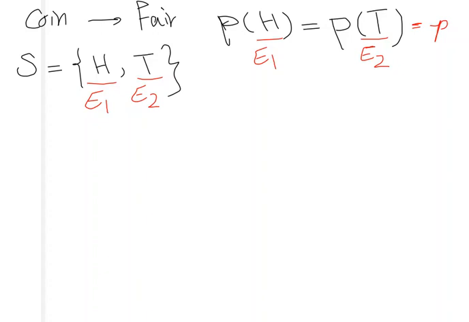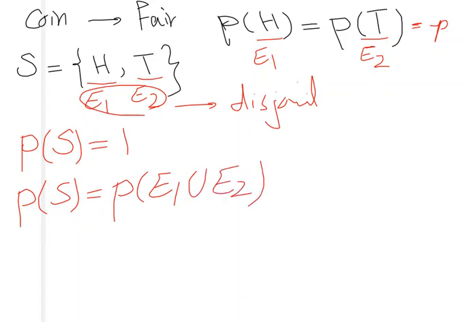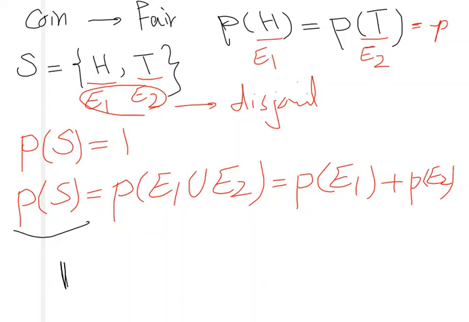All of us know that the probability of S from axiom 2 is 1. Now, because E1 and E2 are disjoint, we can write the probability of S as the probability of E1 union E2. So it's the probability of E1 plus the probability of E2.